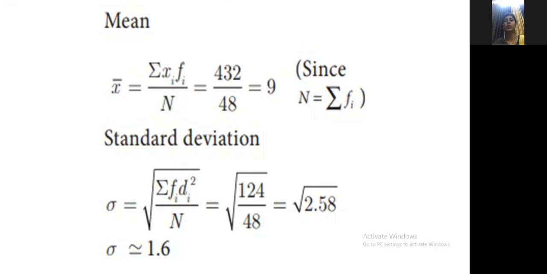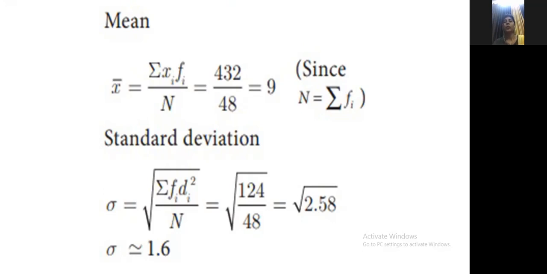And here the value of summation xi fi divided by 48 is 9. The standard deviation for the same data set is the square root of summation fi di square divided by n. And the summation fi di square is 124, as we have got in the table which we have drawn.